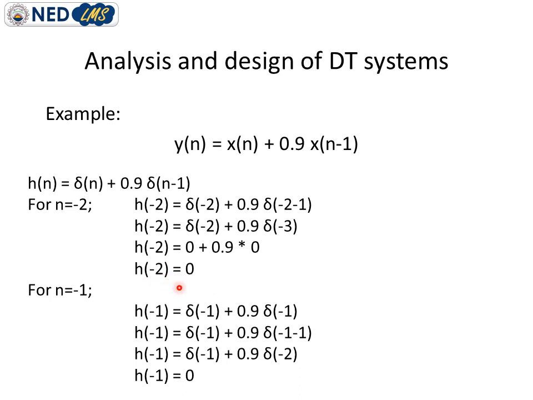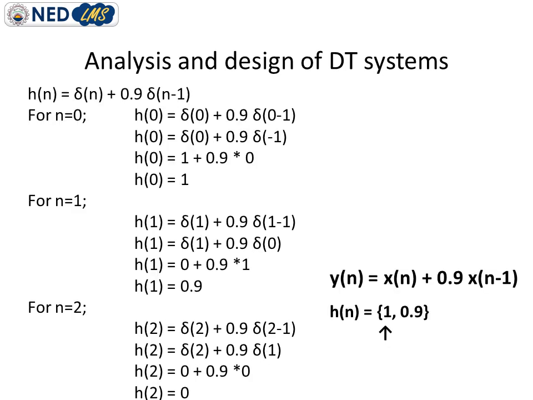Here we put n is equal to 0, and by putting n is equal to 0, our function becomes h of 0 is equal to delta of 0 plus 0.9 delta of 0 minus 1. And after simplification, we get this function. And if you look at this function very carefully, then we know that the delta function at n is equal to -1 is 0. So 0.9 is multiplied with 0.